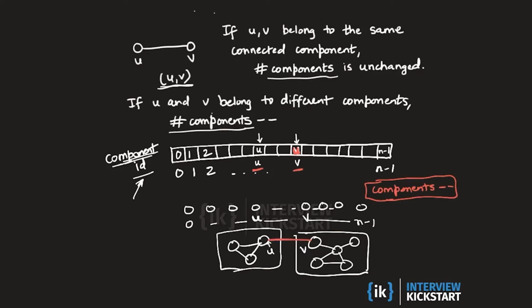So just changing the component ID of v to be u is not going to suffice, because there are 4 other vertices in the same component as v, and we also need to go and change their IDs. Only then would all of the vertices in this unified component have the same component ID of u.